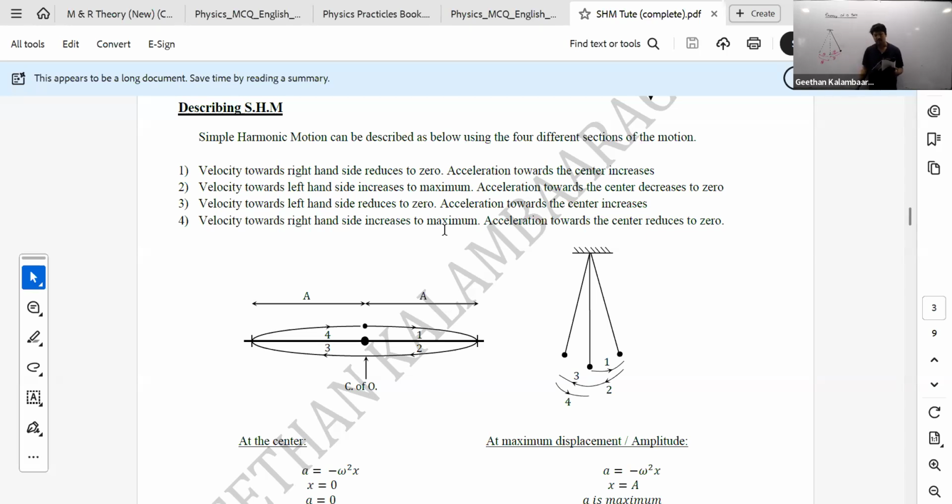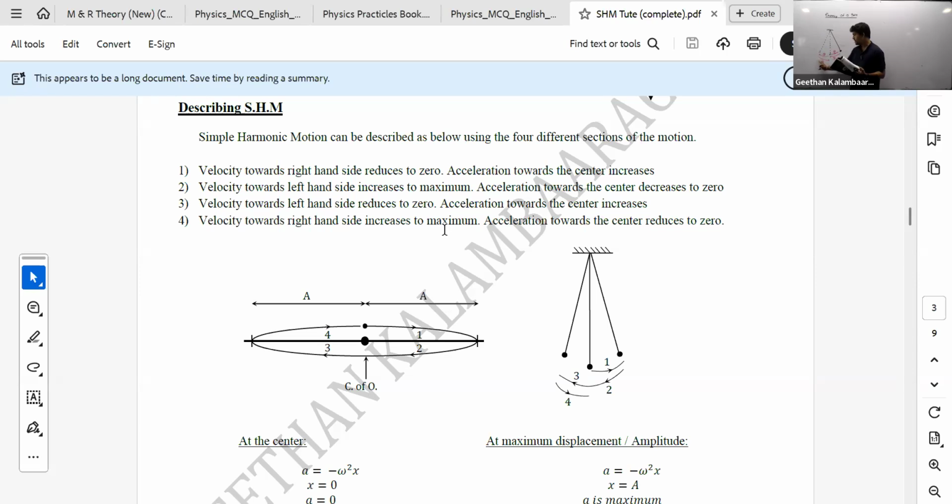Third one: velocity towards left hand side reduces to zero, and acceleration towards the center increases as displacement x increases.